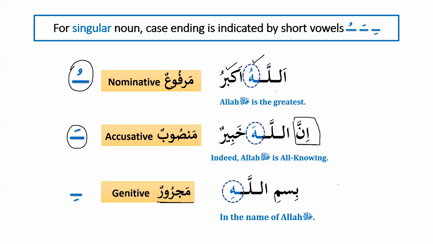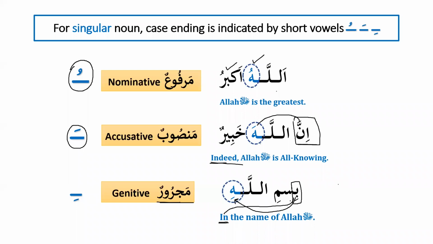So here, Amil is Inna, and here, Amil is Harf Jar B. So the noun has Fatha over here because of Inna, and here it has Kasra because of the preposition or the Harf Jar B. And if you look at the meaning, Allahu Akbaru, Allah is the greatest. Inna Allah Khabirun, indeed Allah Jalla Jalalahu is all knowing. So inna means indeed, and then we have Bismillahi. And since it's a preposition, you can look at the translation: in the name of Allah.